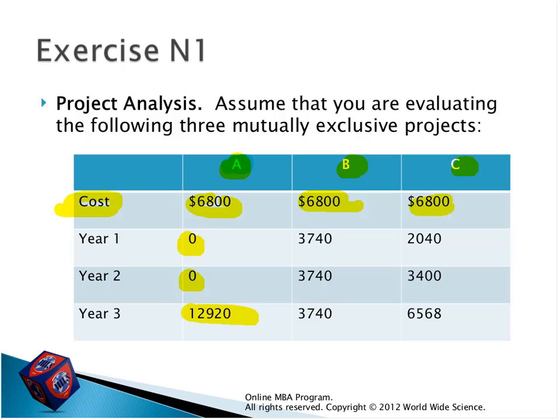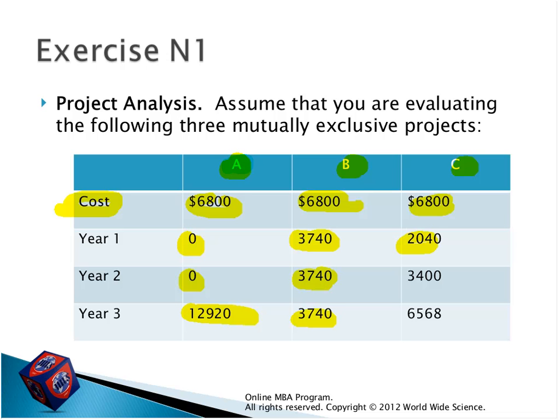The second project, B, brings you cash inflows over the 3 years of 3,740 each year. You see, you have fixed profits over project B. Project C brings you profits over the 3 years by 3 different cash inflows. The first year is 2,040.